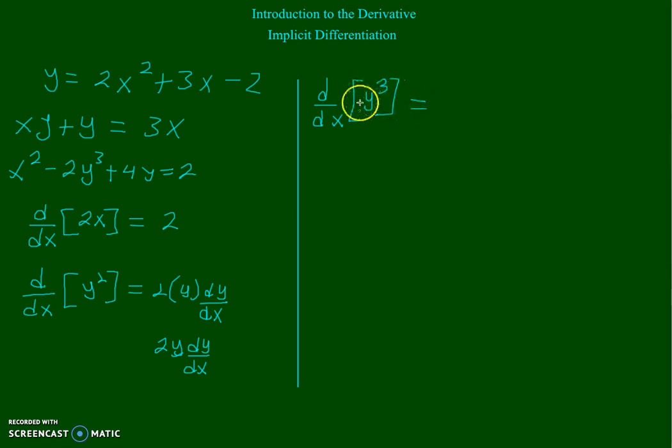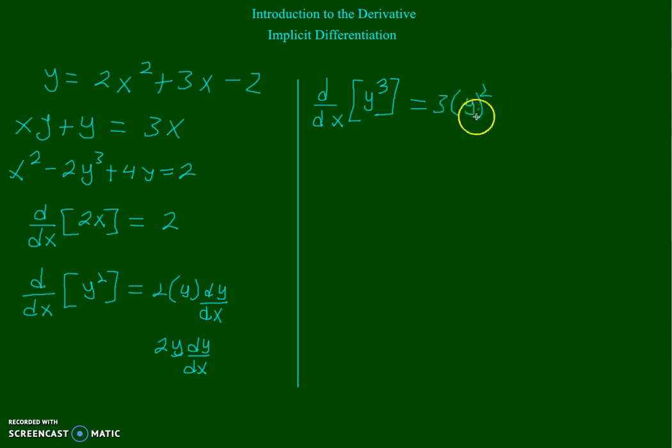So again, our inner function is y, our outer function is something to the third. So we're going to employ the chain rule. So it's 3 times the inner function, take 1 away from the exponent, 2.